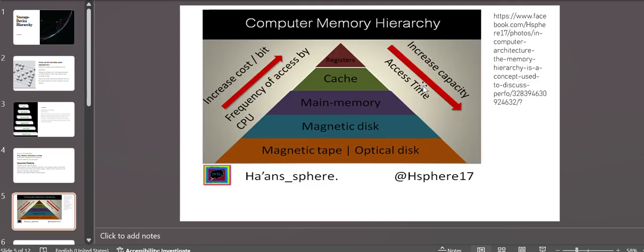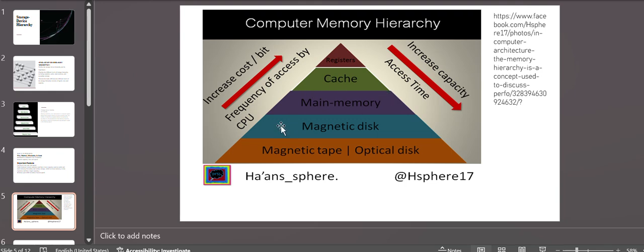In the computer memory hierarchy, going down, the cost per byte decreases, the frequency of access by the CPU decreases, capacity increases, and access time increases.